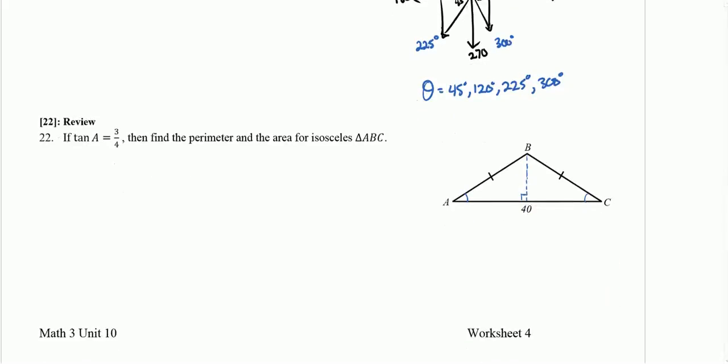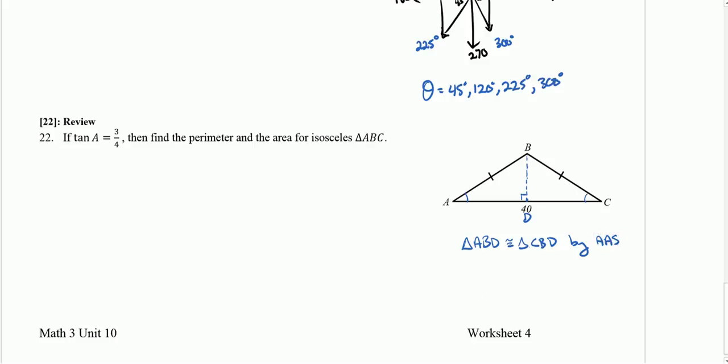And so here now we could say that triangle ABD, let's call this point D, is congruent to triangle CBD by angle side.